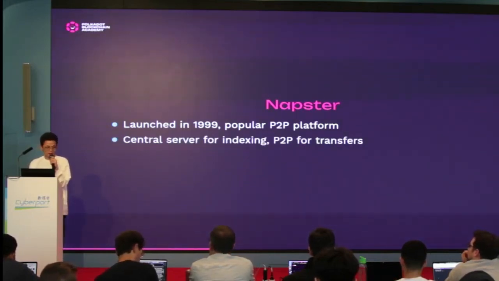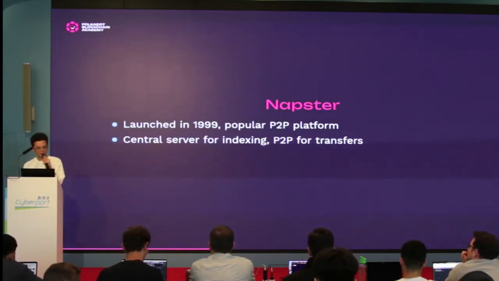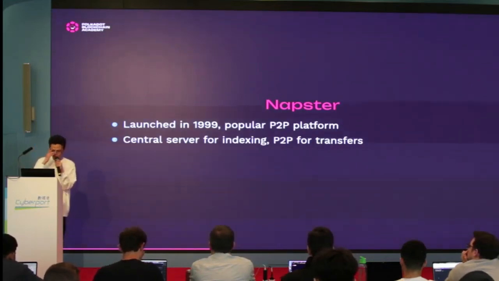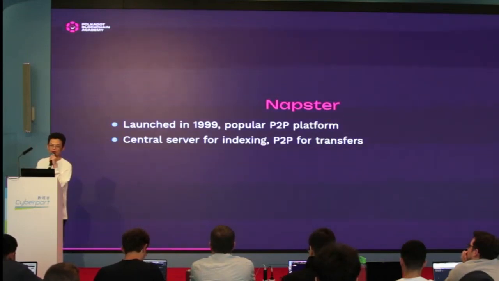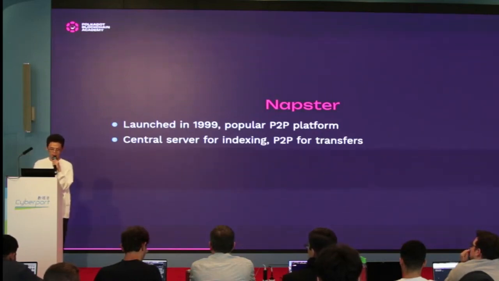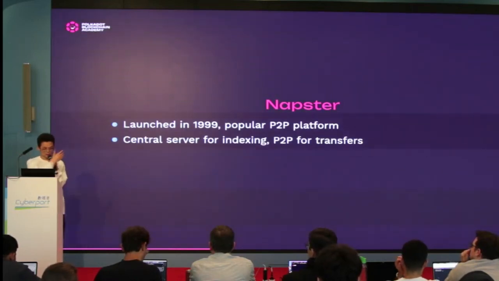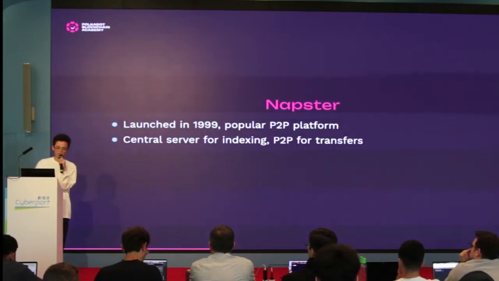In Napster, there is a central server for indexing and the peer-to-peer network for transfers. It's something like, in this classroom, every one of you is connected in a peer-to-peer way, and you would like to share a video with someone else. The central server is needed for indexing. What does it mean?